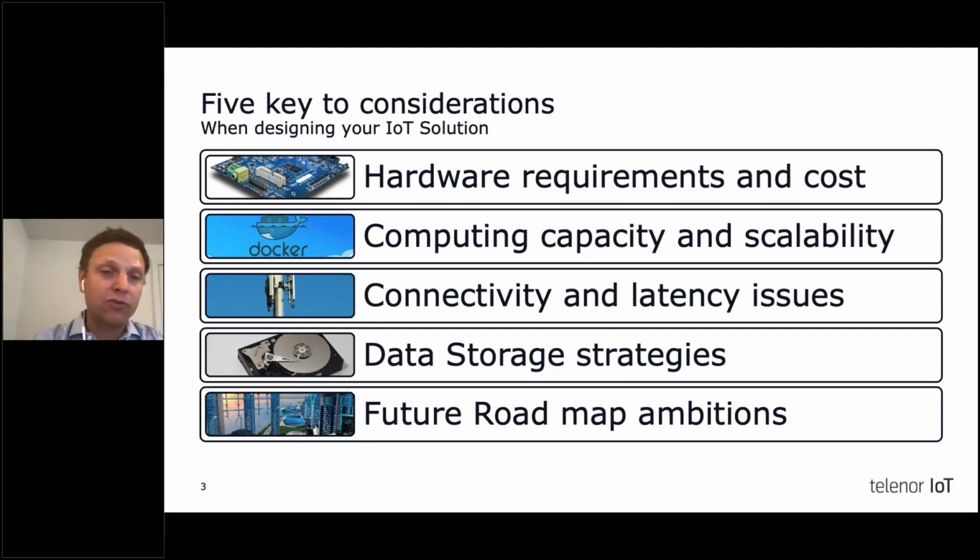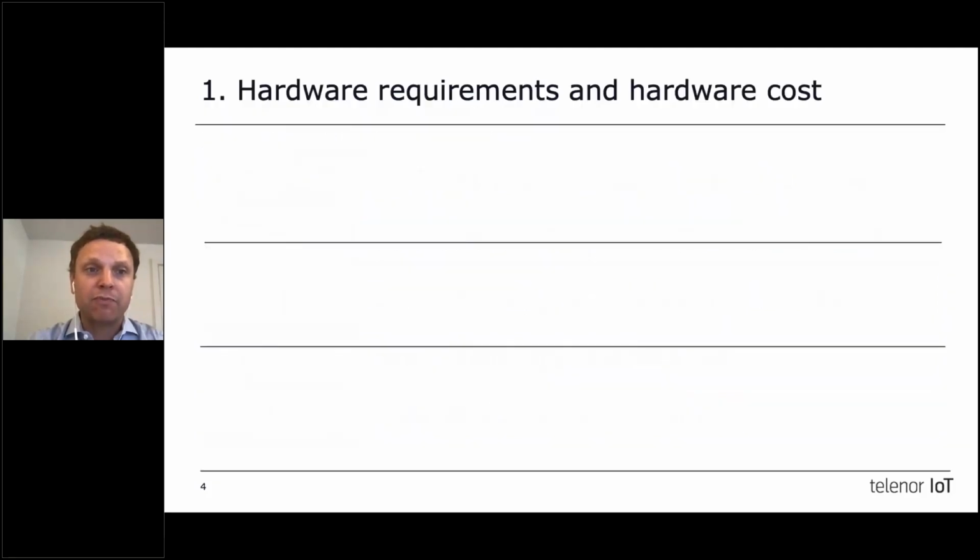Then connectivity, the different choices you have there, and the latency issues. Storage strategies are also quite important and will have an impact on your IoT solution. And then of course your ambitions around the future roadmap will also be important. So let's kick off with the first part, hardware requirements and hardware cost.